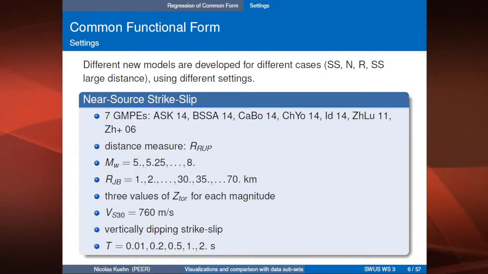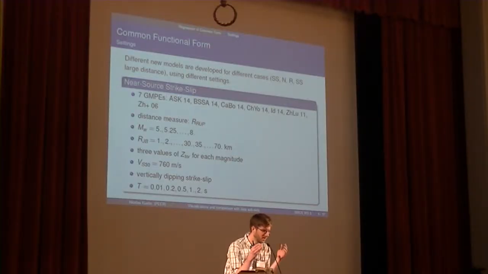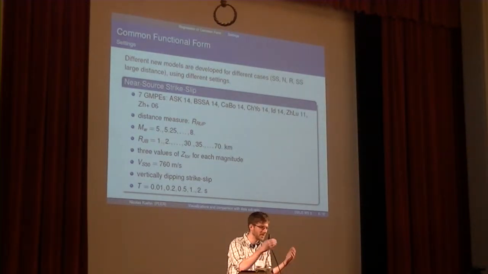Okay, Nico. Let me say one thing about the creation of the map that was of concern. The reasoning behind this is that you think of each model as a function, and a function is an infinite dimensional vector. It's a continuous function, so it has infinite dimensions. We're discretizing that at certain magnitude, distance, and z-tor values.